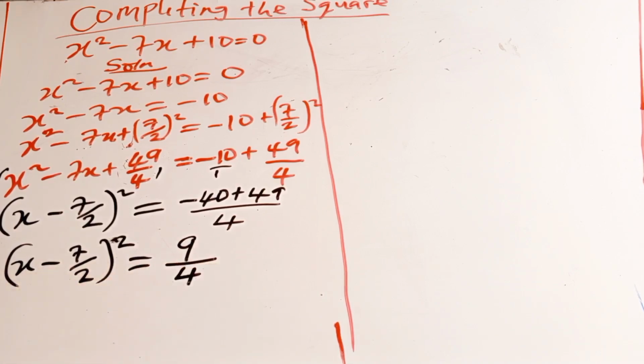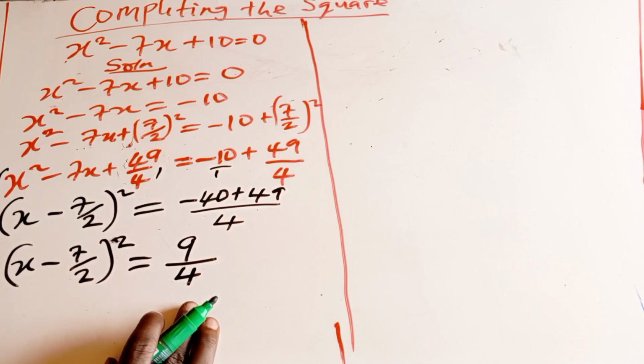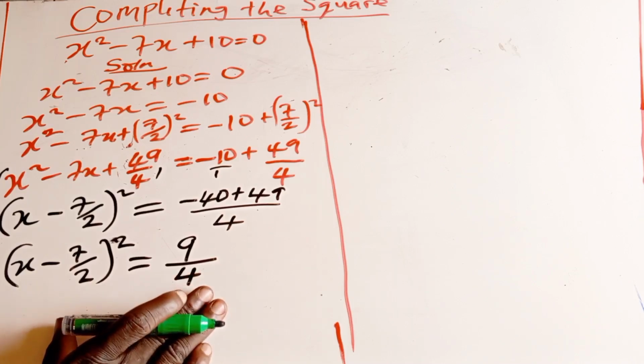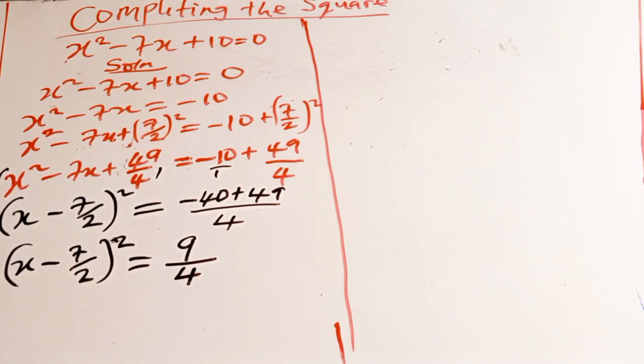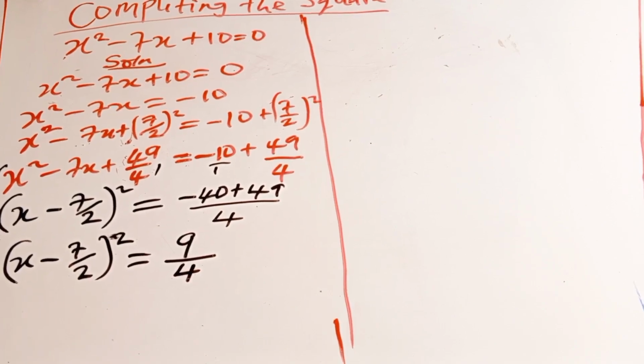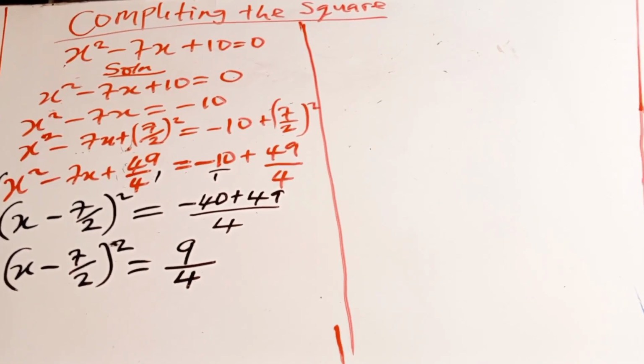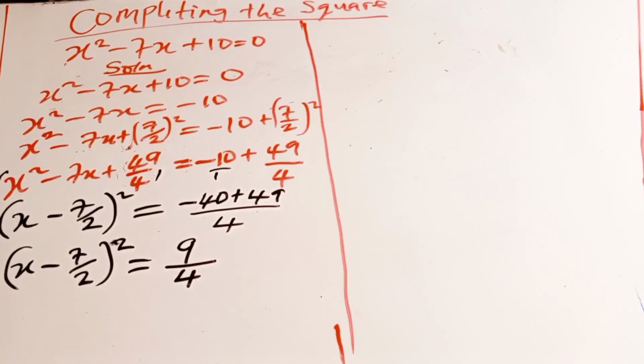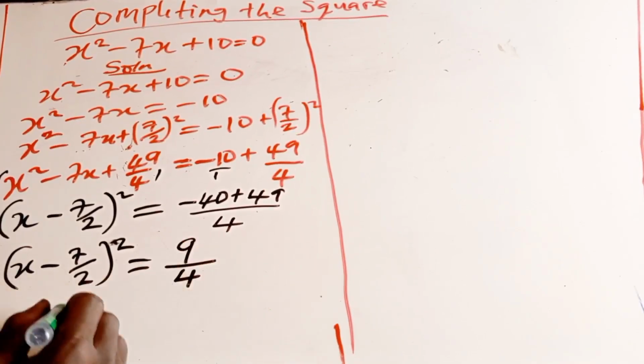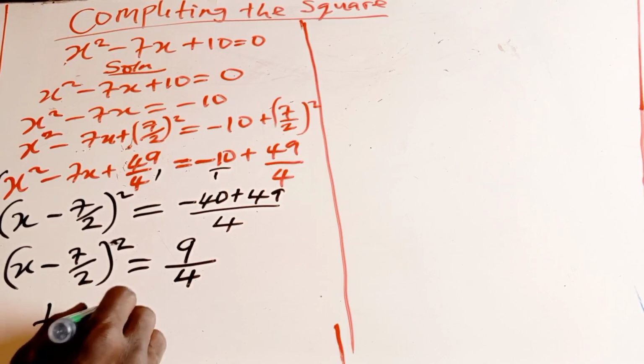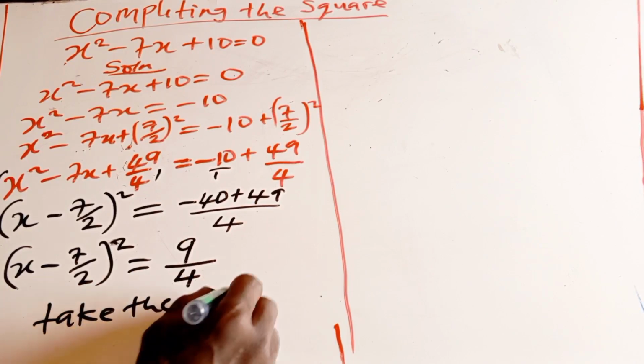And the next thing to do now, we have to take the square root of both sides. Let's take the square root of both sides.